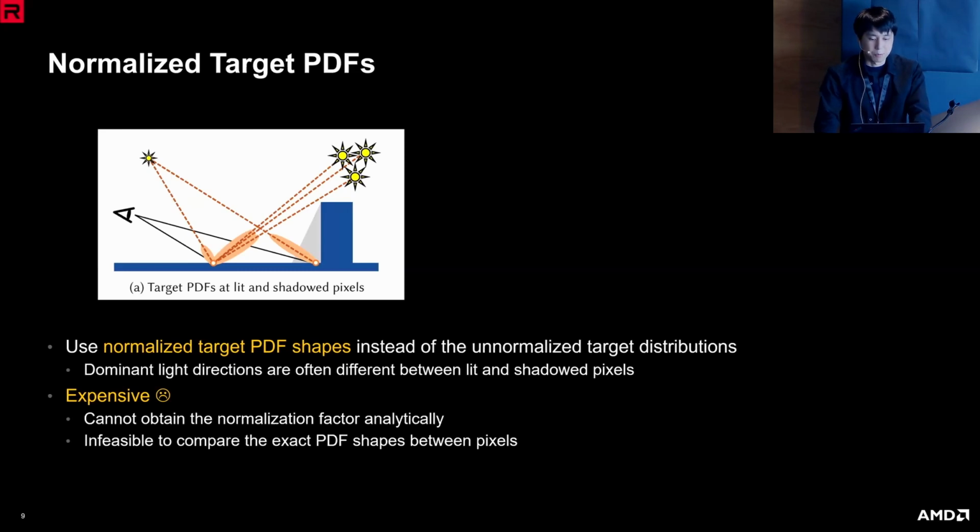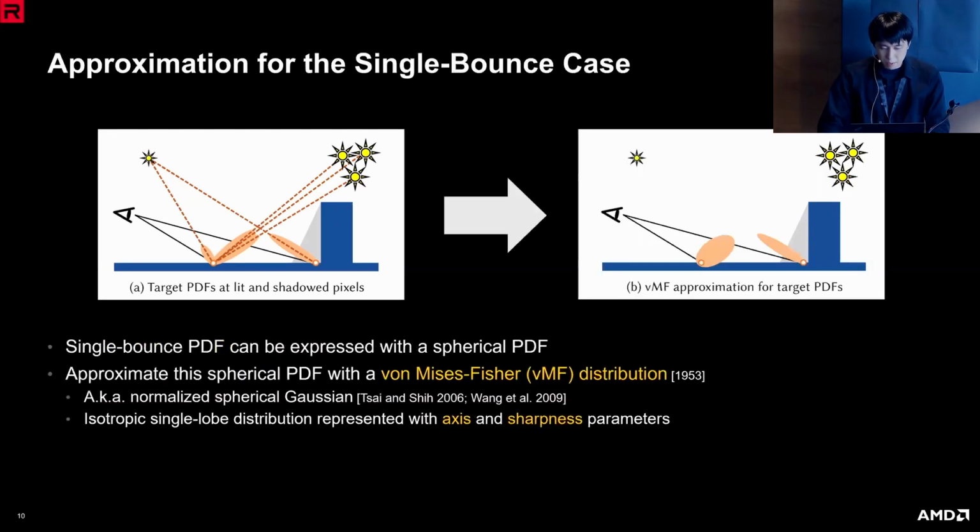However, it is computationally expensive to obtain this normalized target PDF. We cannot compute the normalization factor analytically in most cases. Furthermore, it is infeasible to compare the exact PDF shapes between pixels. Therefore, we roughly approximate the target PDF to achieve real-time frame rates.